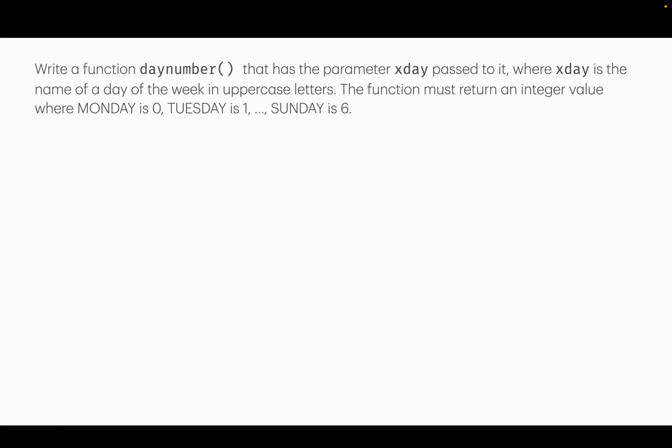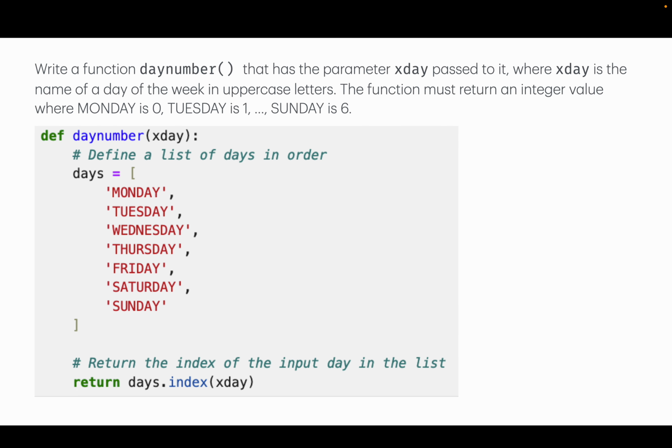There's a parameter xday passed to it, where xday is the name of a day of the week in uppercase. So it's Monday, Tuesday, Wednesday. The function will return an integer value. That means if I put in a Tuesday, I expect it to return a 1. Okay, we can do that. So how do we do it? Well, first we can just create a list. We define day_number with the parameter xday.